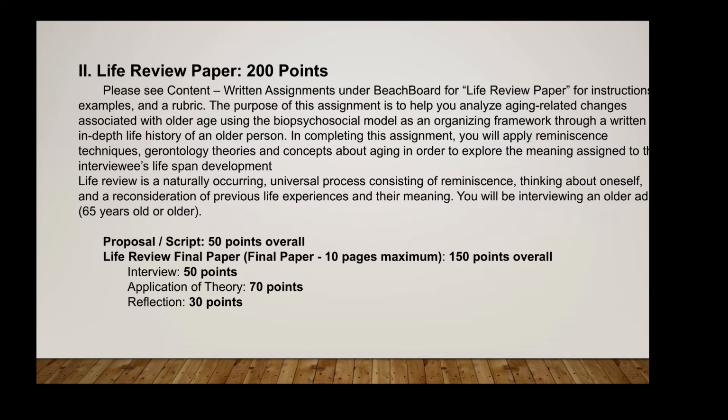You'll interview them about their life, and you'll try to find meaning associated with their lifespan and materials in our course. There are a lot more details on how this will work, but essentially you'll interview someone, ask them about their life, and then you'll create this paper linking to the biopsychosocial model, linking to what we've talked about in class.